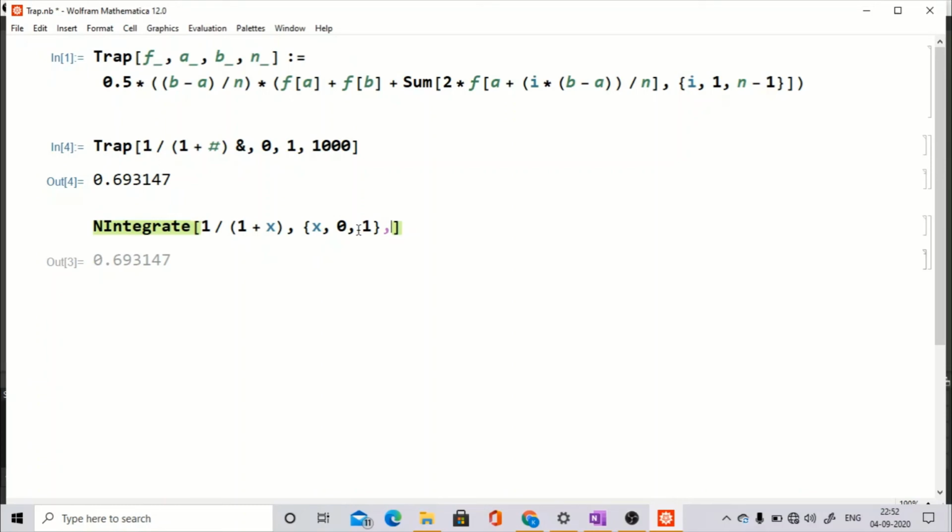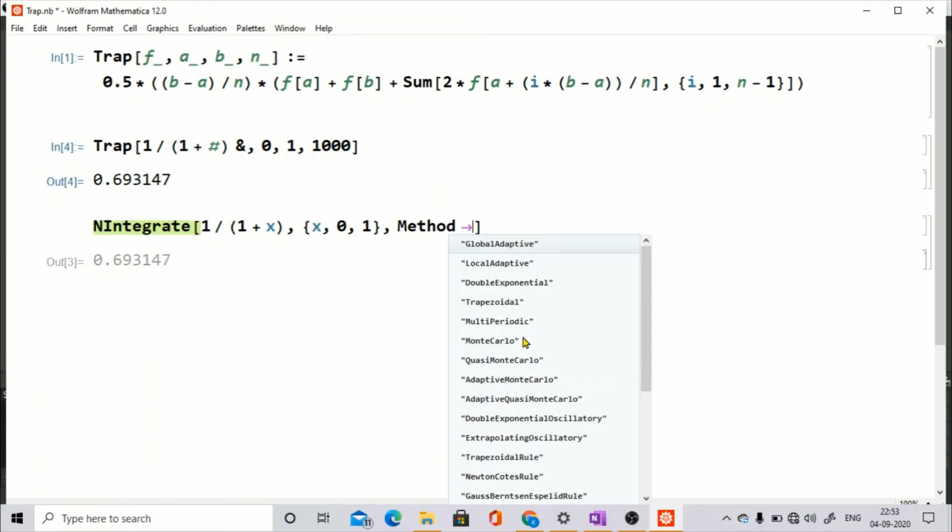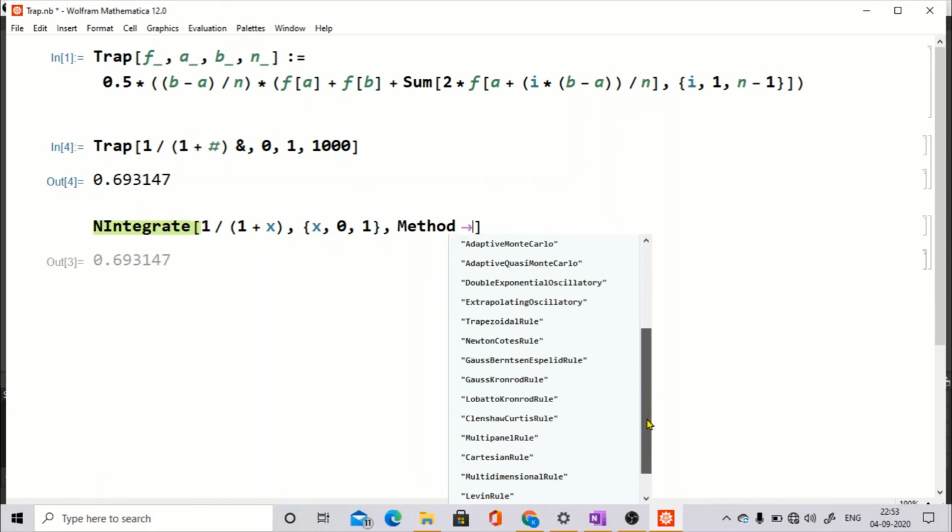But if you want to solve this integration with some specific method, like the Monte Carlo method or Newton Cotes method or any other method, then you have to write a comma, then you have to write Method arrow, and you can see that here is a complete list of all the possible methods of integration. So you can solve it using all these methods which are available.